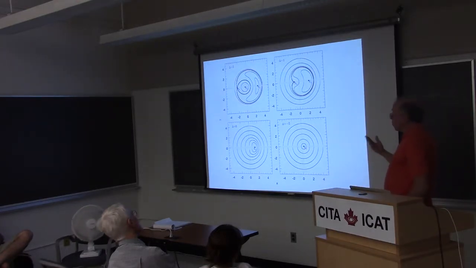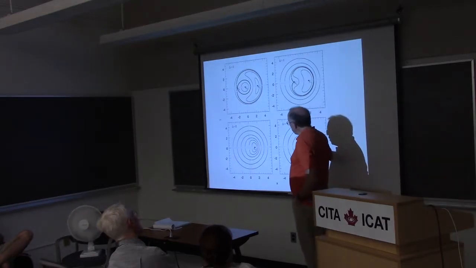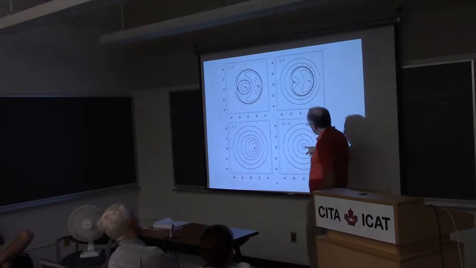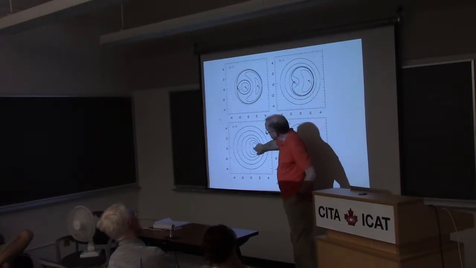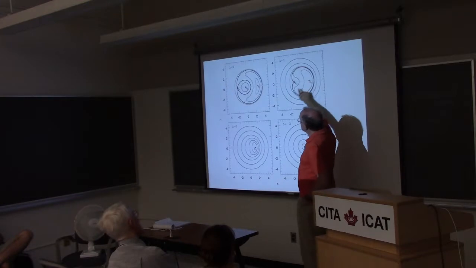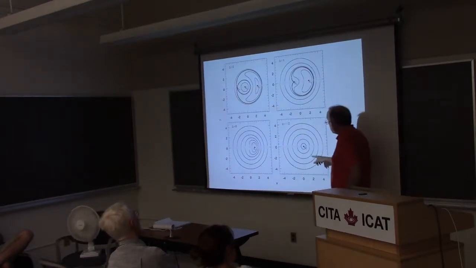We now have migration, which starts to increase the value of delta, so you go through this sequence, and you can see that as you go through this sequence, the eccentricity grows. You stay close to this point, no matter how big delta gets.